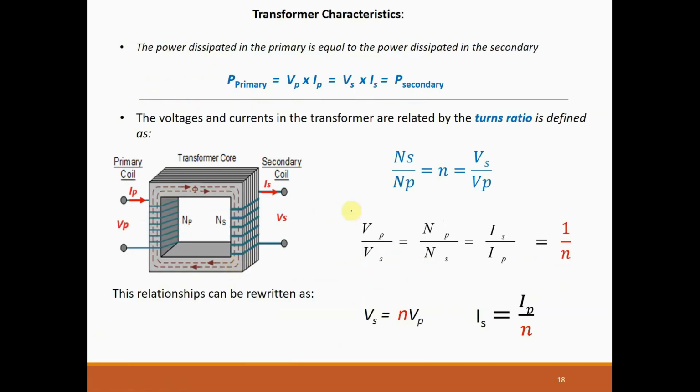Okay, now, let us try to discuss some mathematical analysis on the transformer. So, we have P primary is equal to BP times IP is equal to BS times IS, right? The voltage and currents of the transformer are related by what? Turn ratio. So, we have NS, the number of turns in the secondary, and NP, the number of turns in the primary.